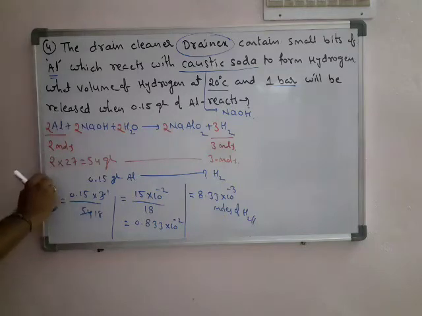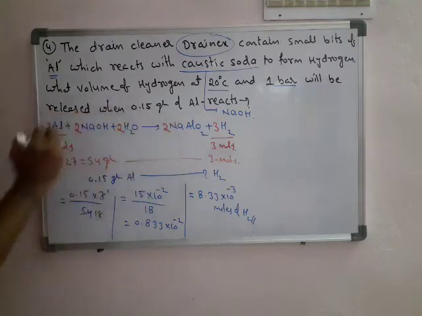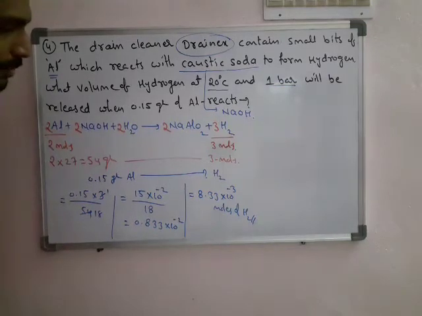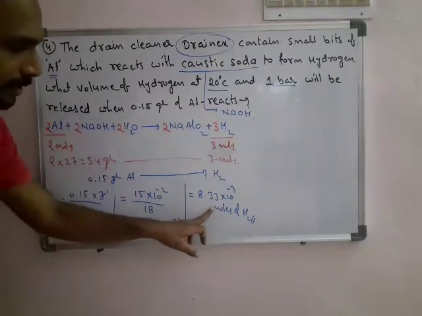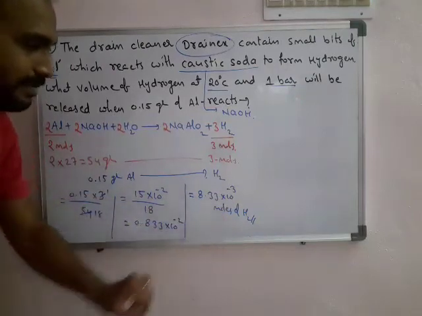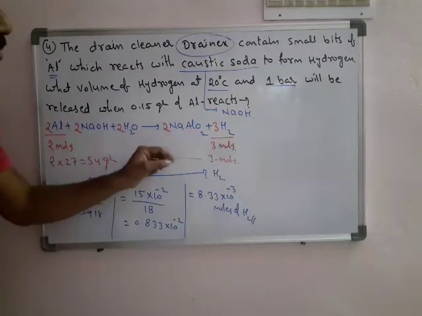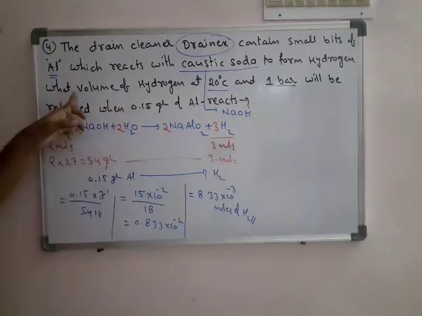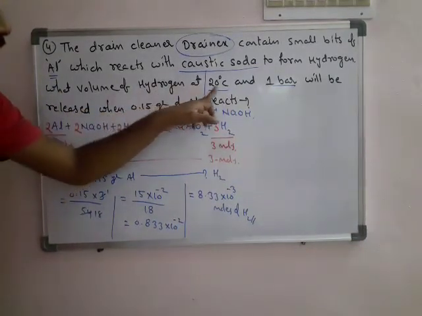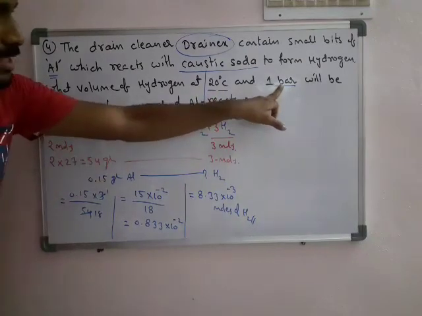This condition is only possible at STP, so we got 8.33 into 10 power minus 3 at STP conditions. But in the given problem it is asked what volume of hydrogen at this temperature and this pressure.